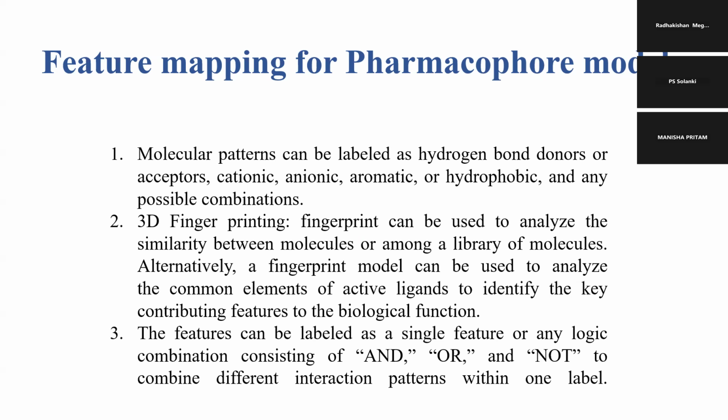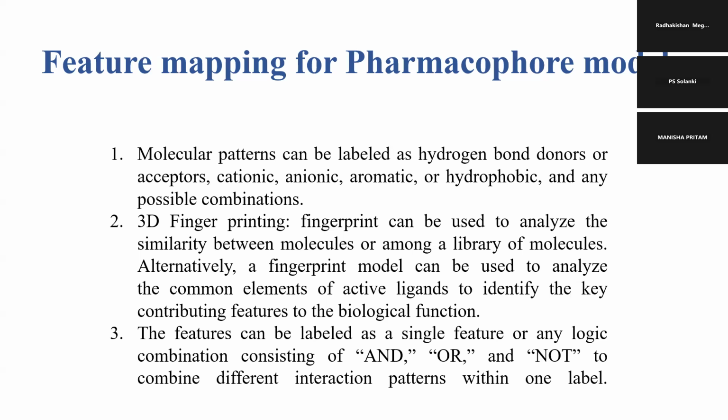So there could be some hydrogen bonds. During hydrogen bond formation, there are some hydrogen bond donors and some hydrogen bond acceptors. There could be some cations or anions, some aromatic compounds, some hydrophobic features. And there are lots of combinations that you can create by using these molecular patterns.